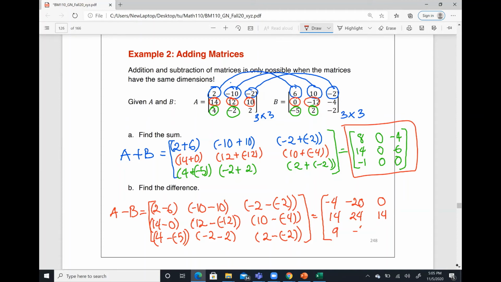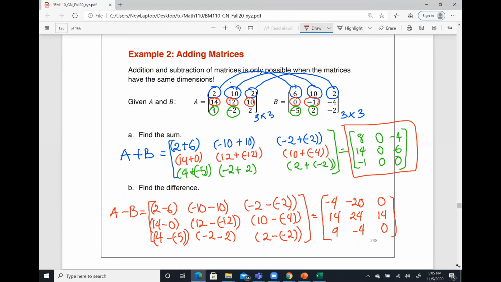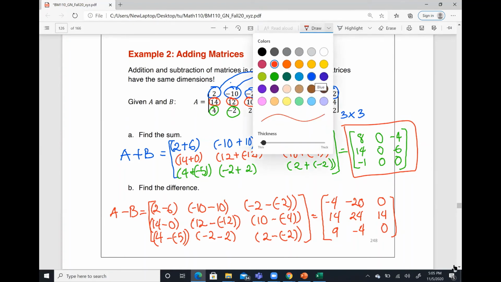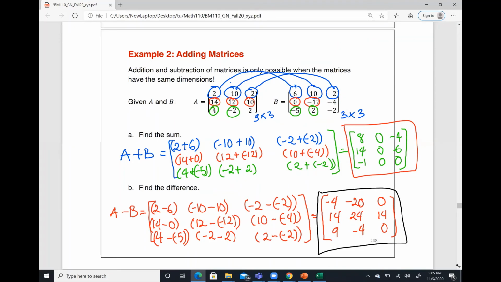Negative 2 minus 2 is negative 4. And 2 minus negative 2 is 4. So you have the answer as this matrix. I'm going to circle it. That should be the answer.